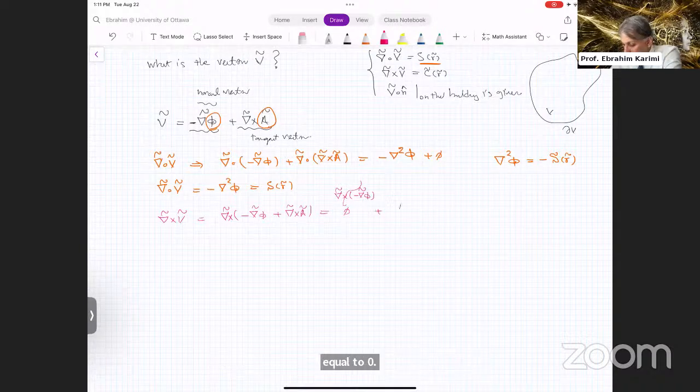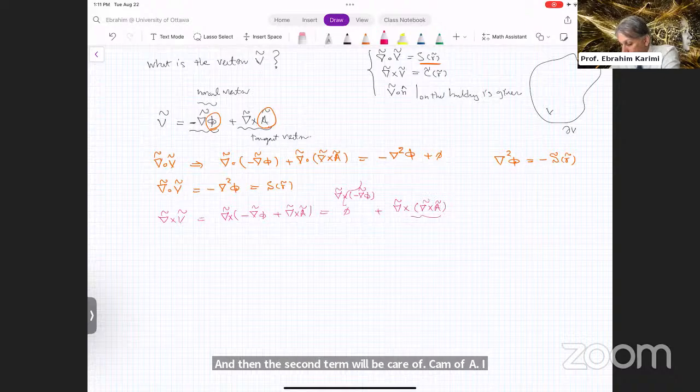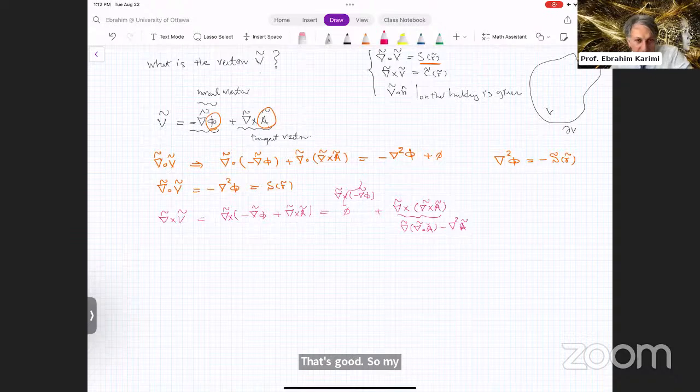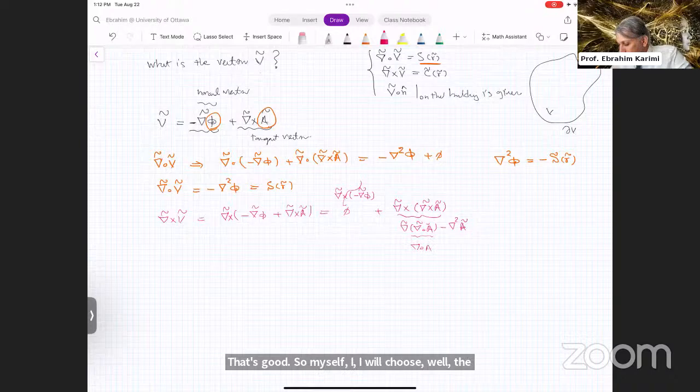And then the second term will be curl of A. I can use the BAC-CAB rule, and then what I will get from here is a gradient of divergence of A minus Laplacian of A. True, guys? That's good. So myself, I will choose the divergence of A to be equal to 0 because it's a freedom that I have.